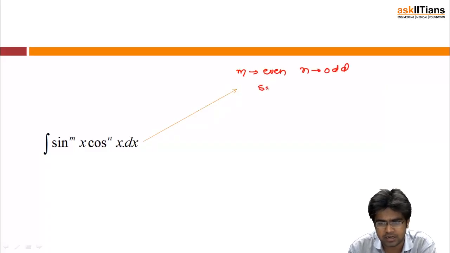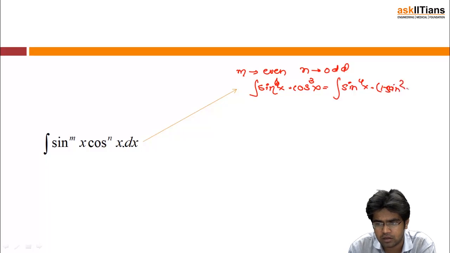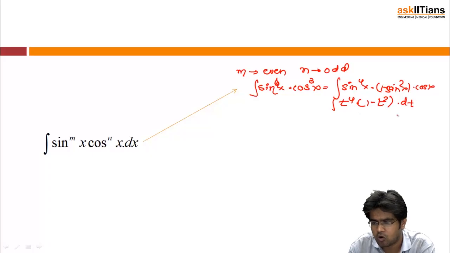For example, let's say sin square x into cos x, or sin to the power 4 x and cos cube x. What I'm going to do is write it as sin 4x, and to this cos cube I'm going to write 1 minus sin square and then cos x. Now put sin x as t. cos x dx is dt, so it will become t to the power 4 and 1 minus t square dt. Open the bracket, it's directly integrable.